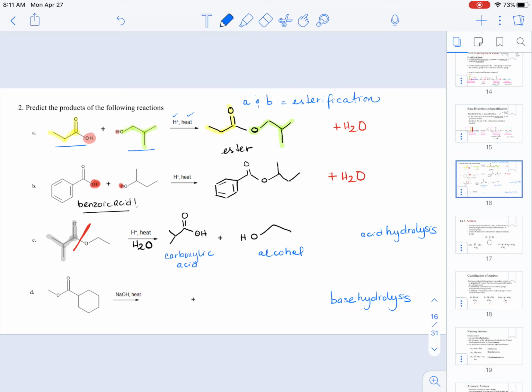And when we do base hydrolysis, remember that this is going to give us a carboxylate salt and an alcohol.